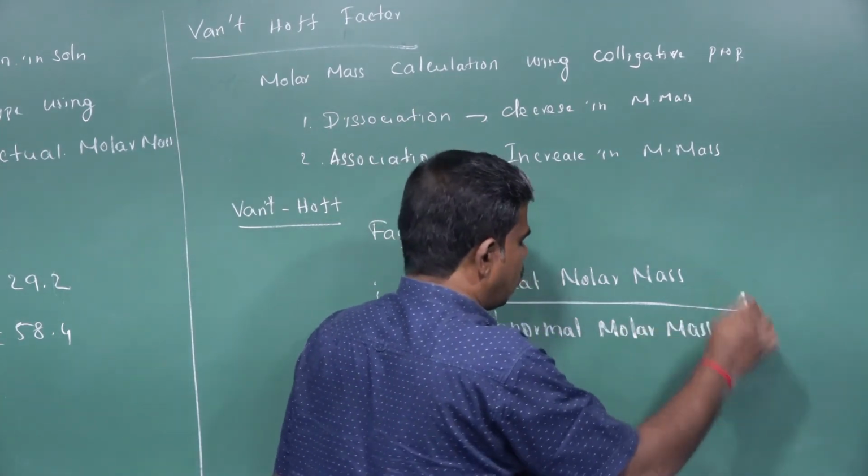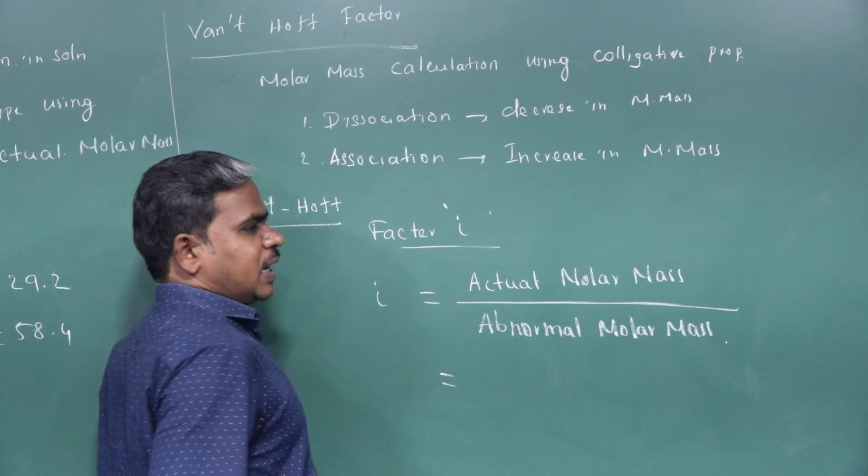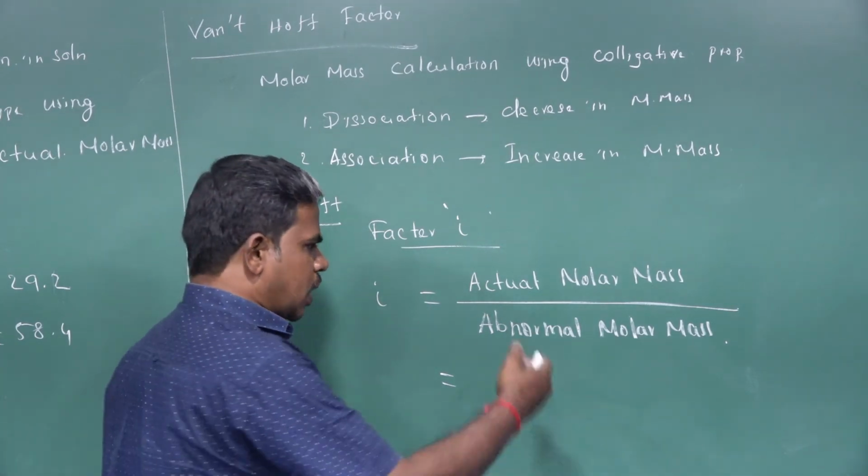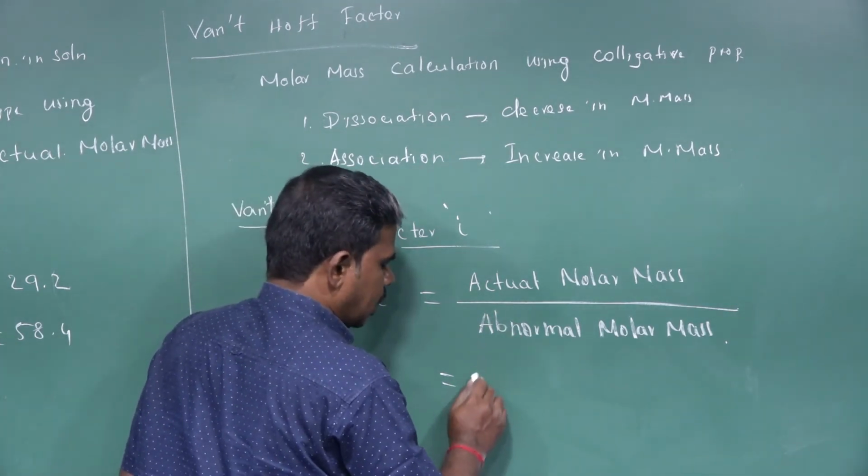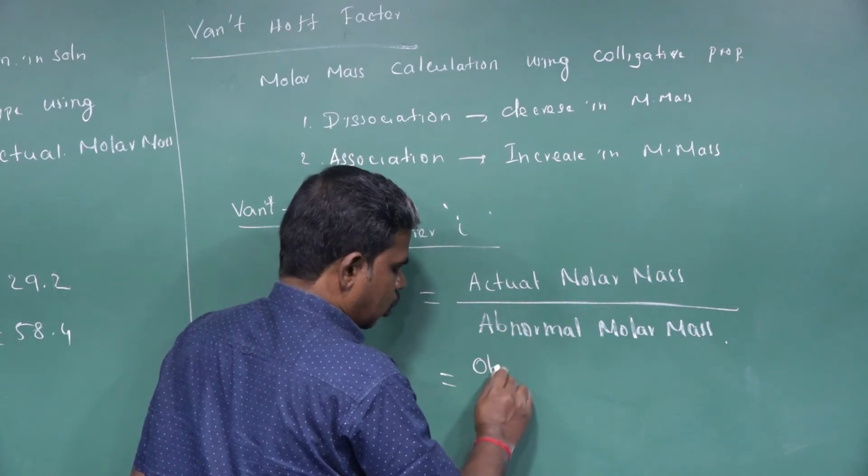It is nothing but the observed colligative property divided by the calculated colligative property.